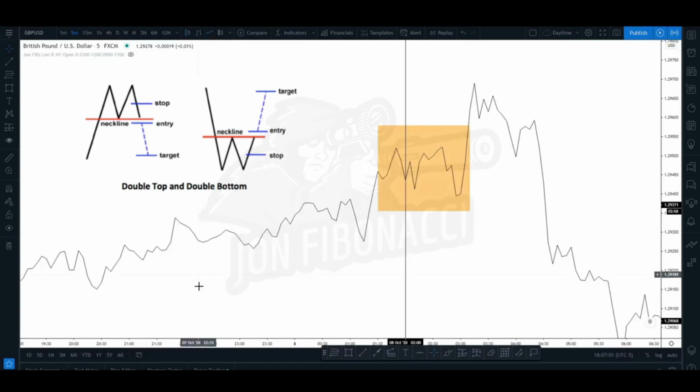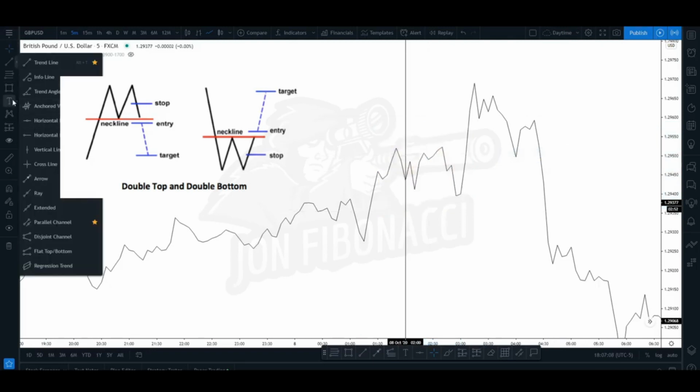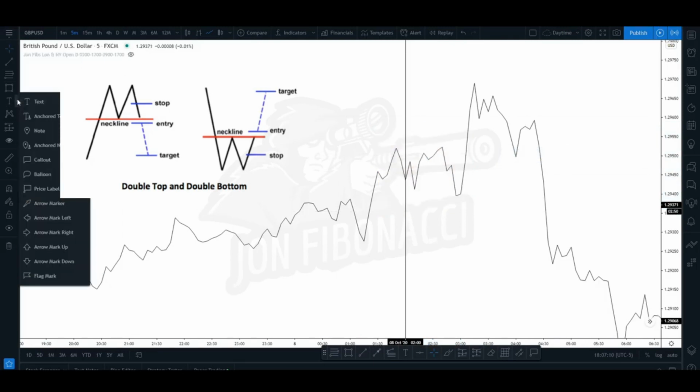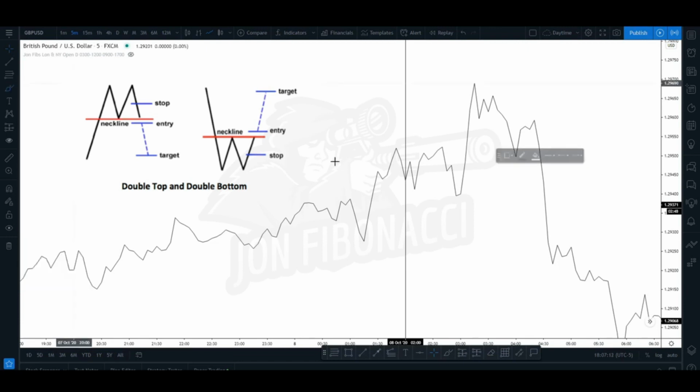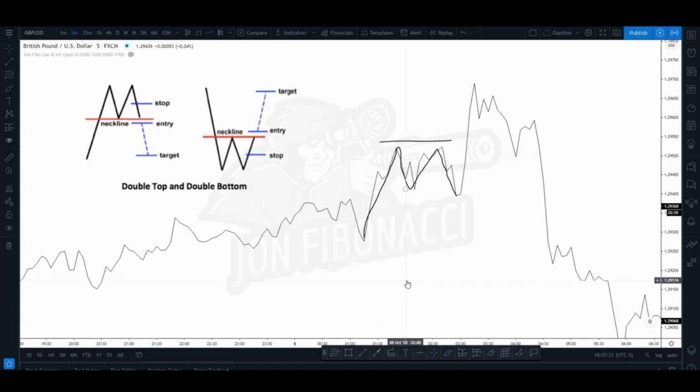Well, if you look at a line chart, okay, it's actually pretty spot on. You have the high, right? And so that right there is your double top formation.